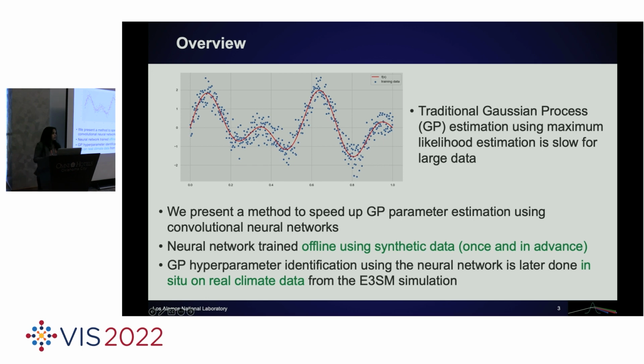The network is trained offline with synthetic data that has nothing to do with the climate data we're looking at, other than defining the range of values that we're interested in. Then we use the network to identify Gaussian process hyperparameters in an online setting on the E3SM data that we care about.